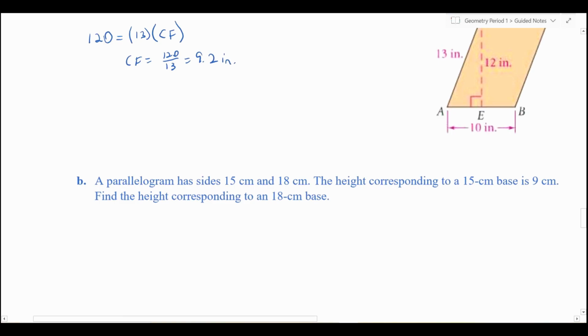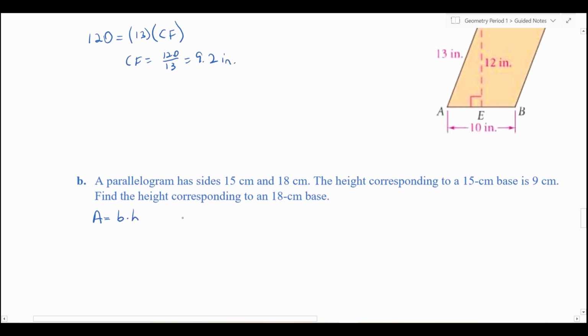Okay, so this one is telling me that the height for a parallelogram corresponding to 15 centimeters is 9 centimeters. So I'm going to calculate the area, and again, the area equals base times height.